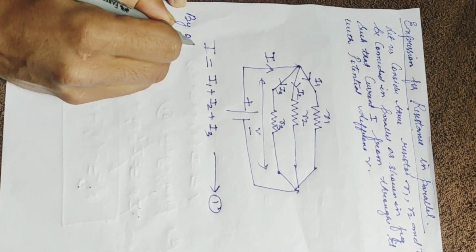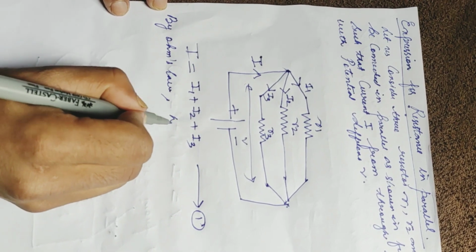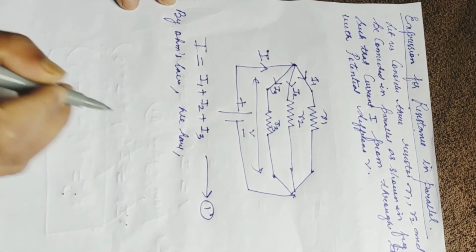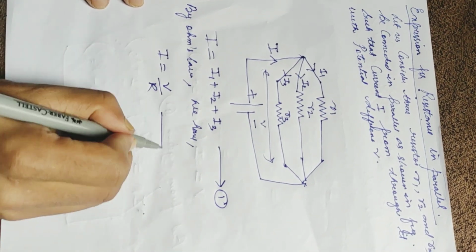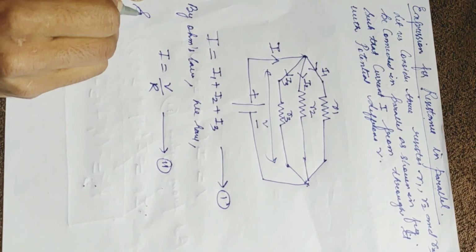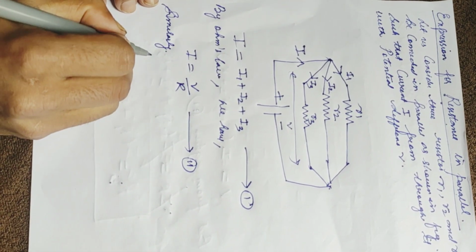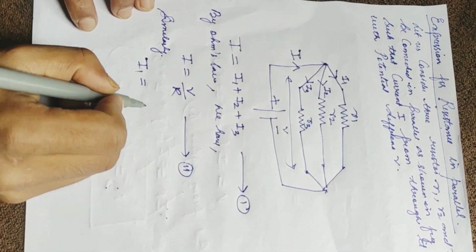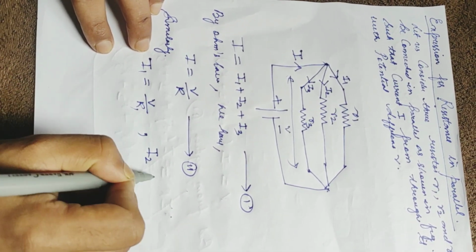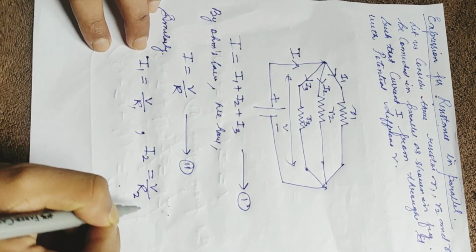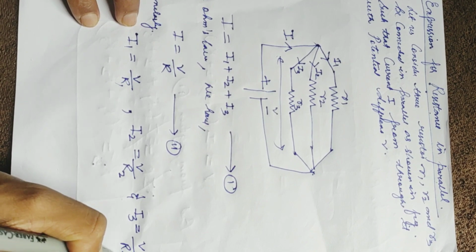By Ohm's law, I is equal to V by R, equation 2. Similarly, we can write I1 is equal to V by R1, I2 equal to V by R2, and I3 equal to V by R3.